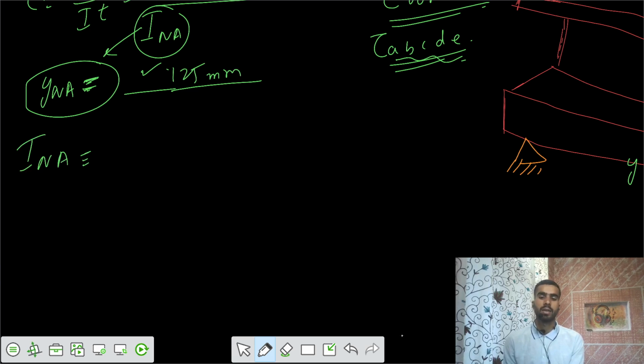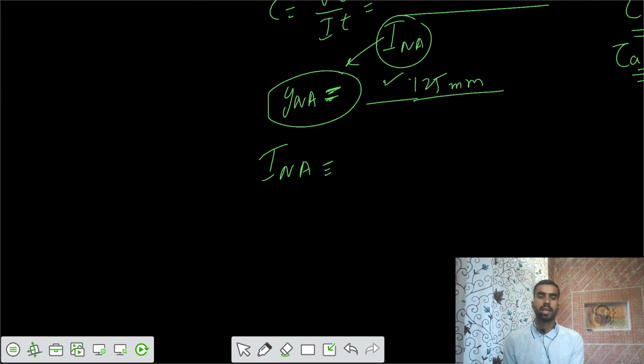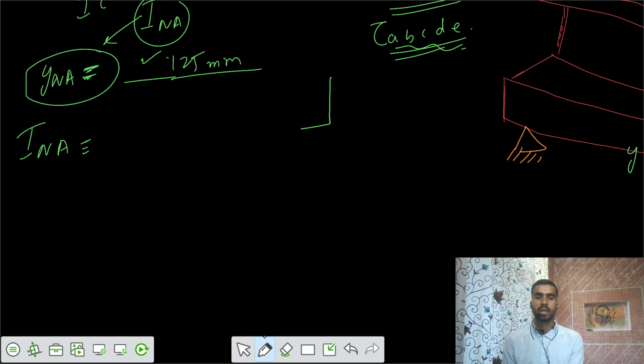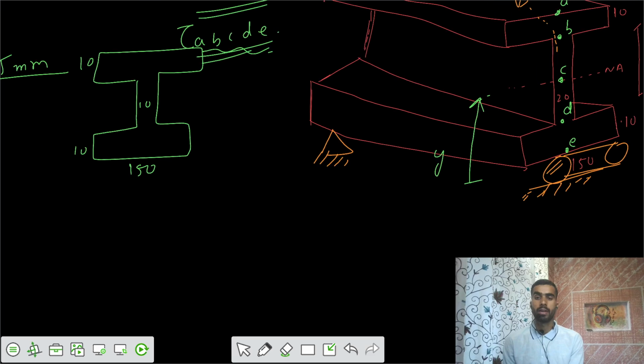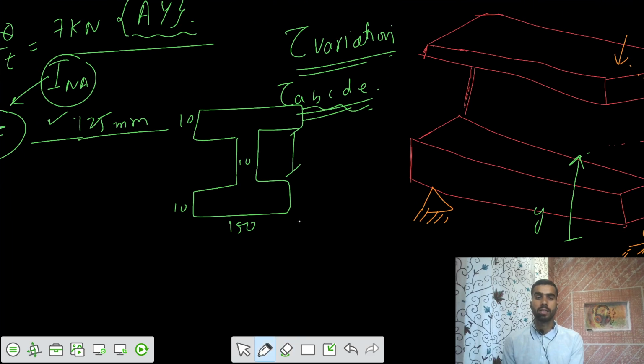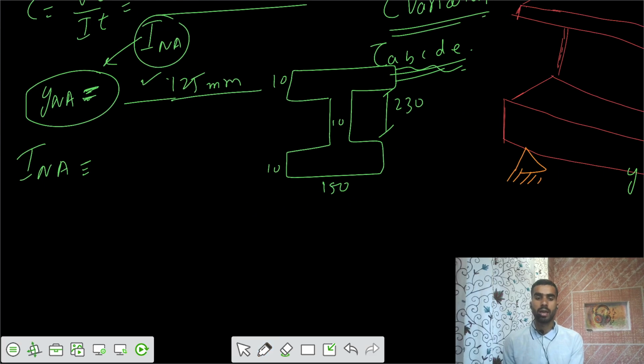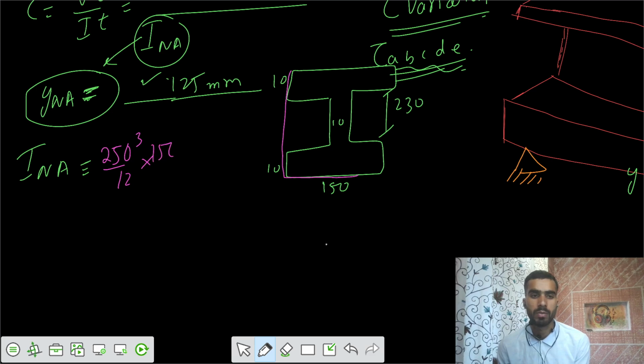Now what is the value of INA? Let's take the section in this way. We have this width of 10, this is the depth of 10, and this is also 10. This is 150, the width of 150, and the depth of this one is 230. I can solve this by assuming it as a rectangle, 250 cube by 12 into width of 150, and subtract the smaller rectangles.